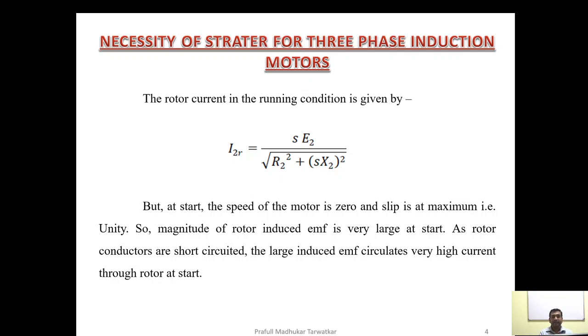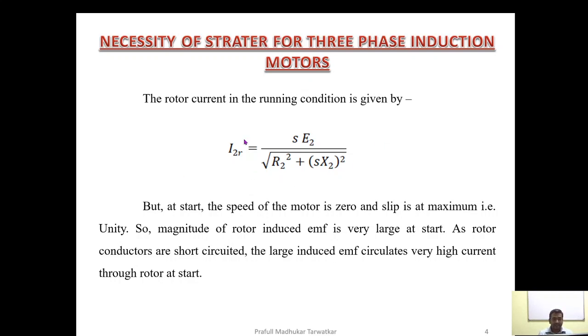Since the rotor current is important to control, a device called a starter is used in industries for induction motor starting and controlling. Now, why do we use a starter? The basics is this equation.